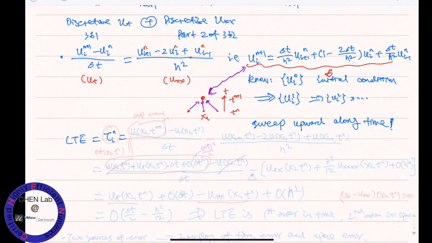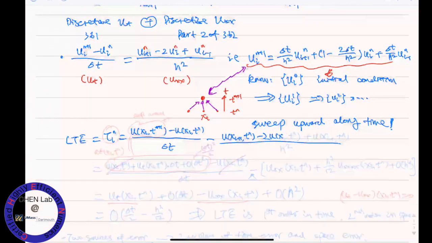So we're going to have u(xi, tn+1) minus u(xi, tn) divided by delta t, minus the right hand side. What is the right hand side? It is approximating u(xi+1, tn) minus 2u(xi, tn) plus u(xi-1, tn), this whole thing divided by h squared.